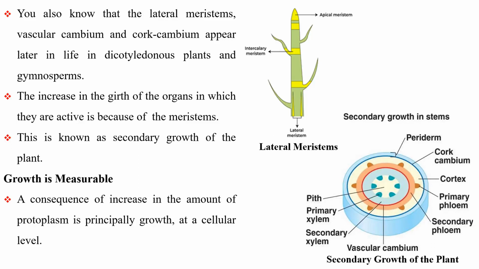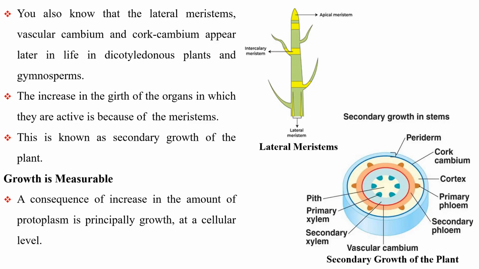You also know that the lateral meristems, vascular cambium and cork cambium, appear later in life in dicotyledonous plants and gymnosperms. The increase in the girth of the organs in which they are active is because of the meristems. This is known as secondary growth of the plant.